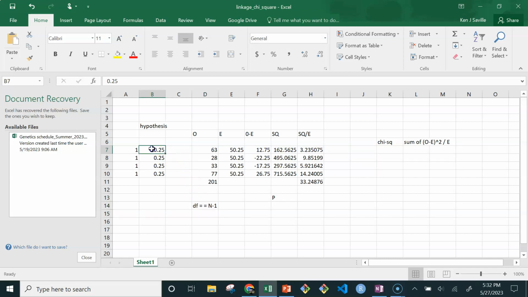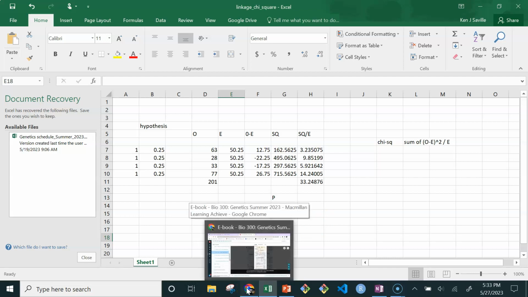So in this cross, there's 4 categories. So degrees of freedom is 3. So we have a chi-square value of 33.3. We'll round it up. And we have a degrees of freedom of 3. So now we need a chi-square table to come up with a p-value.